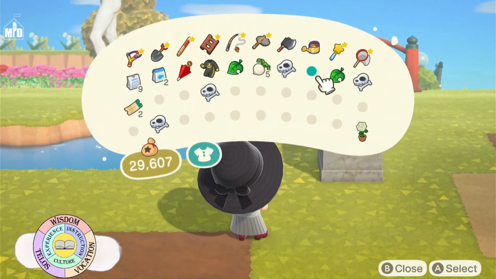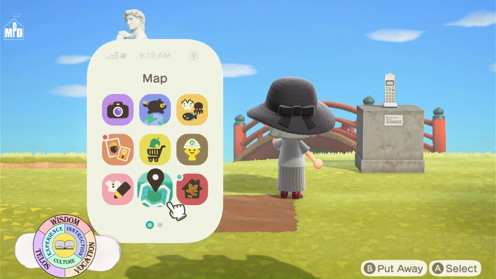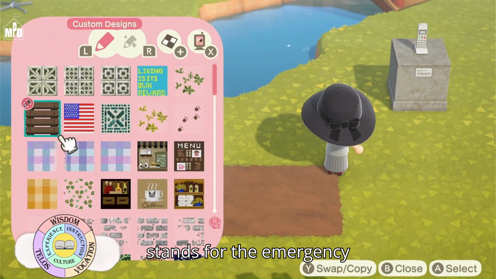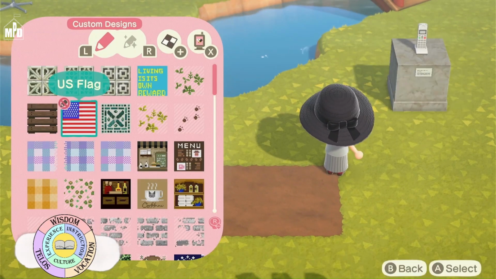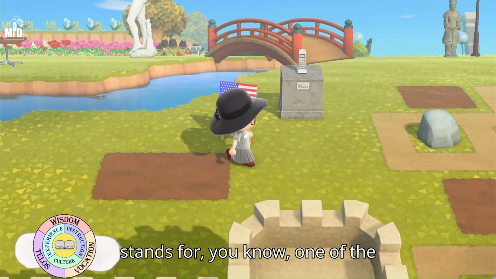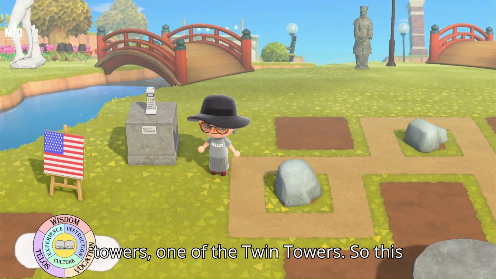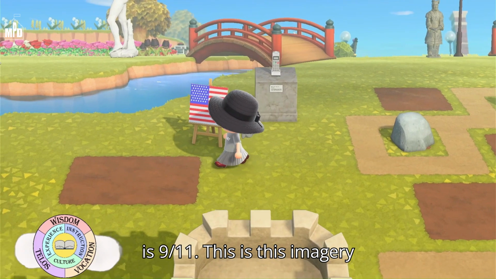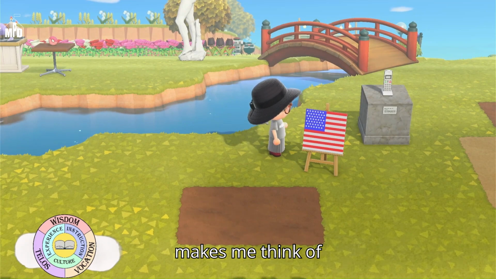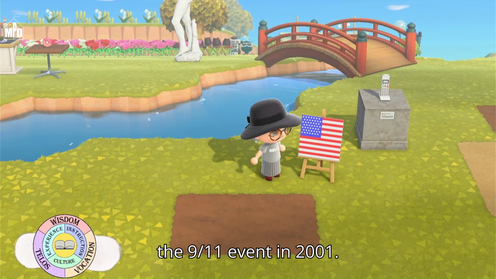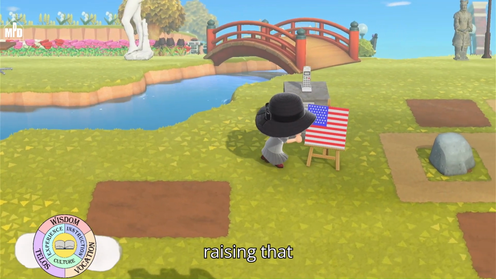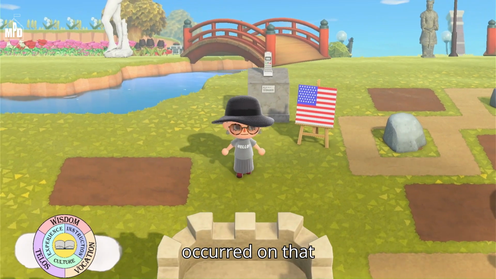All right, and the reason for this is the phone stands for the emergency number 911, and the display stand here stands for one of the towers, one of the twin towers. This imagery makes me think of the 9/11 event in 2001. So we're going to talk about the flag raising that occurred on that day.